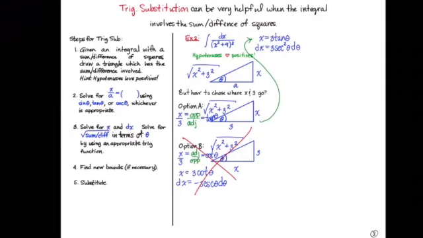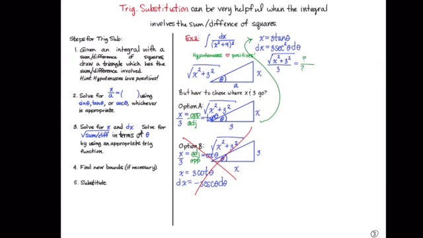So we want the trig relationship that gives us the square root of x squared plus 3 squared over 3. Because we want to relate the square root part and the constant. So we're thinking, what trig relationship will give us that term?